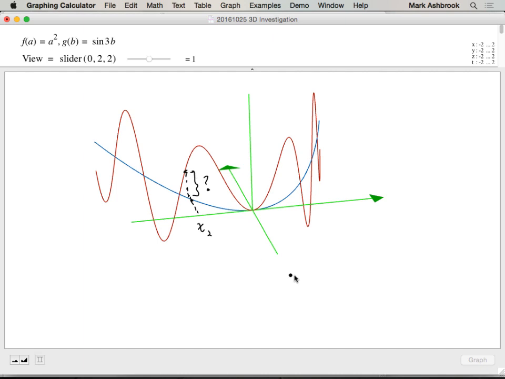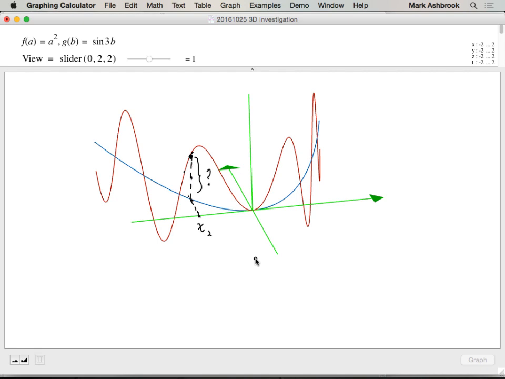I want you to represent that in as many ways as you can. There are many. I'll just tell you right now, there are many. So given this value is x2, represent that vertical distance right there in as many ways as you can with the symbols that we're using.